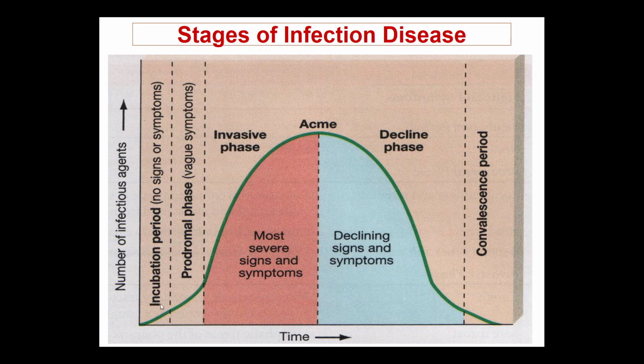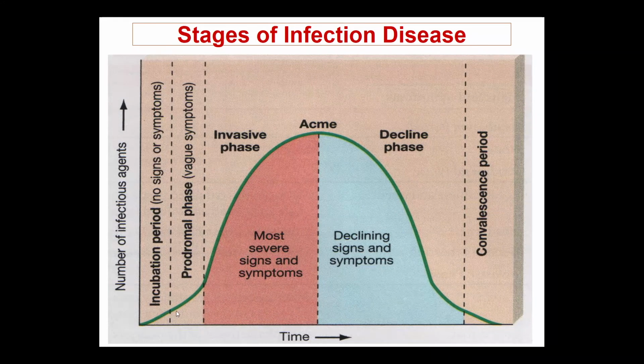First period in the development of the infectious disease is the incubation period. Here you see the green line demonstrating the concentration of microbes in the body, the concentration is low. It means concentration of bacteria is low, infection is initiated, but signs and symptoms of disease are absent.